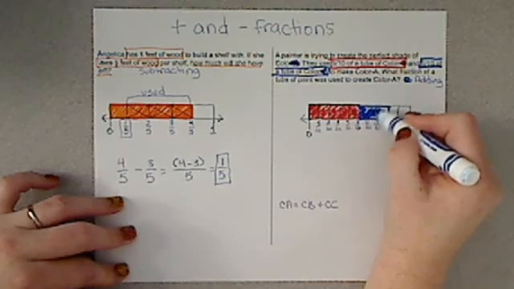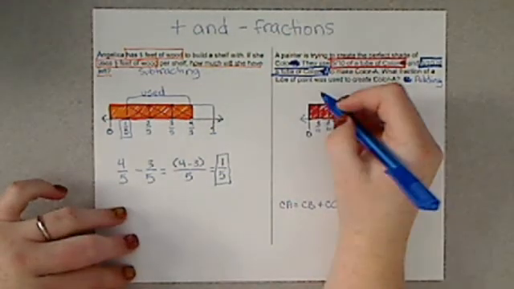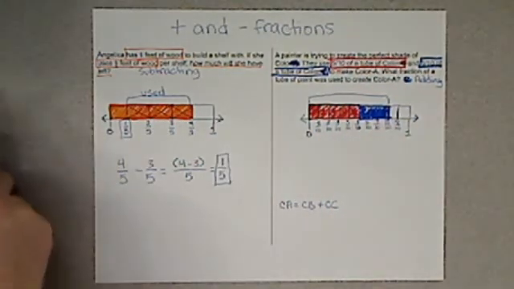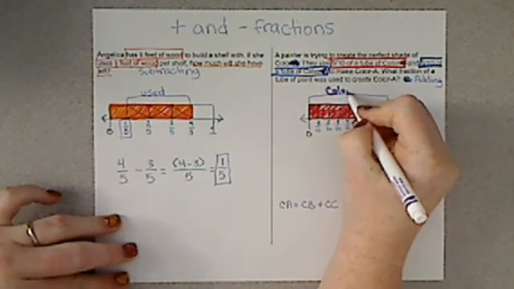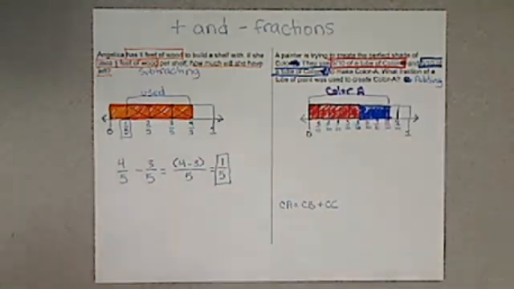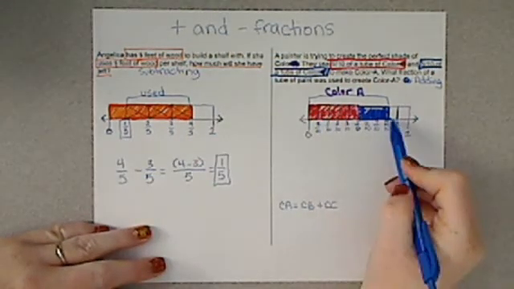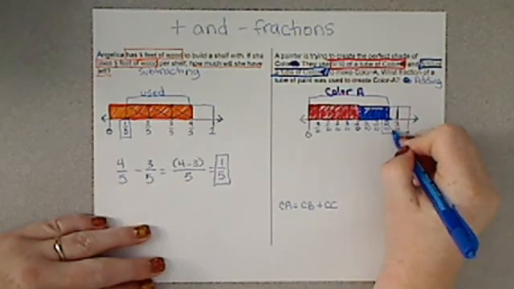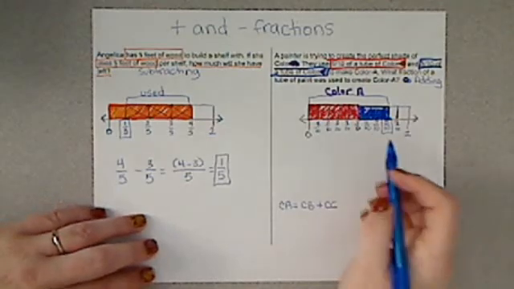And shade that in. And I know that put together, these 2 colors are creating color A. So this means that if I've added these 2 together, that means that I've got 8/10 of a tube of paint that was used to create color A.